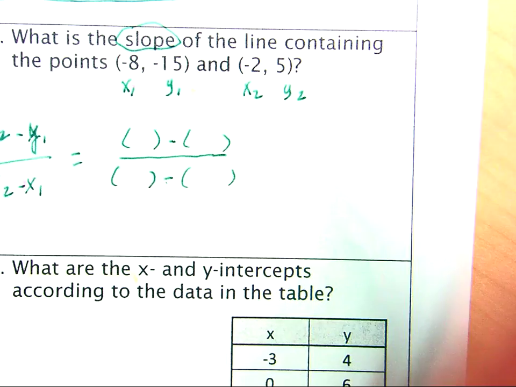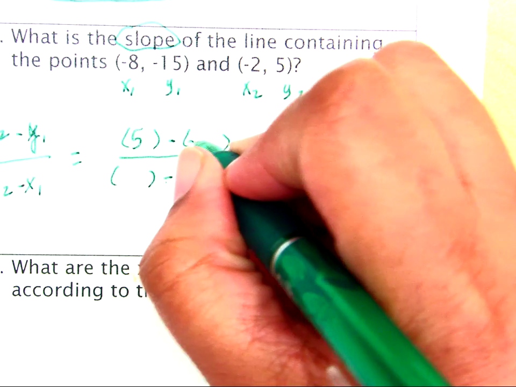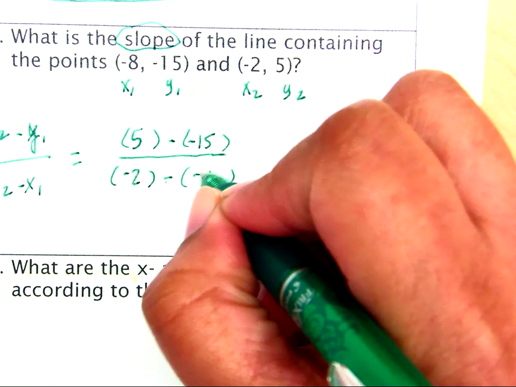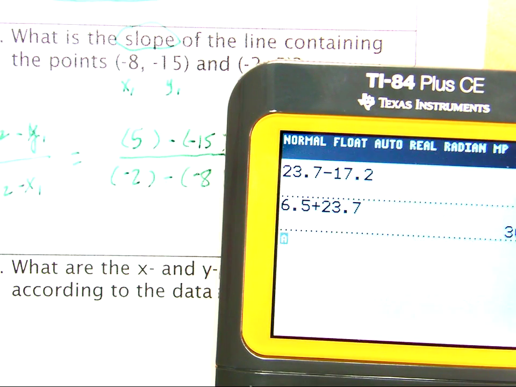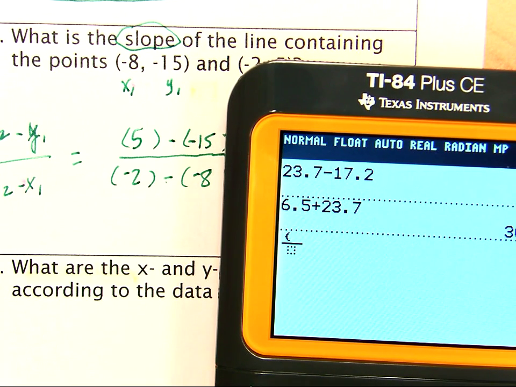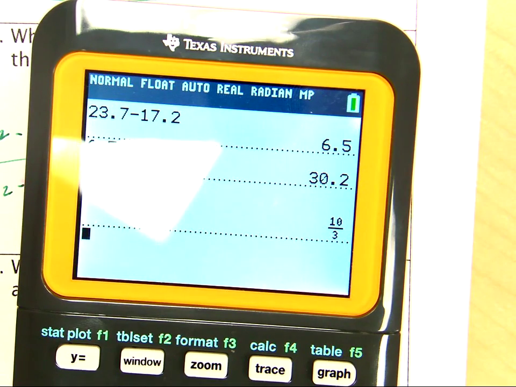That's the part that you guys mess up on. So 5 minus negative 15, negative 2 minus negative 8. Something else that y'all don't do is put this in the calculator just the way you see it. So 5 minus negative 15 and negative 2 minus negative 8. So your answer is 10/3.